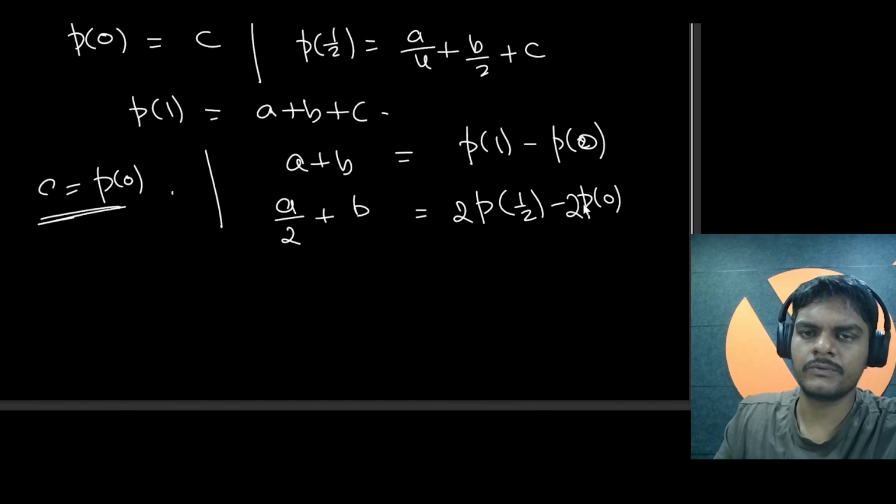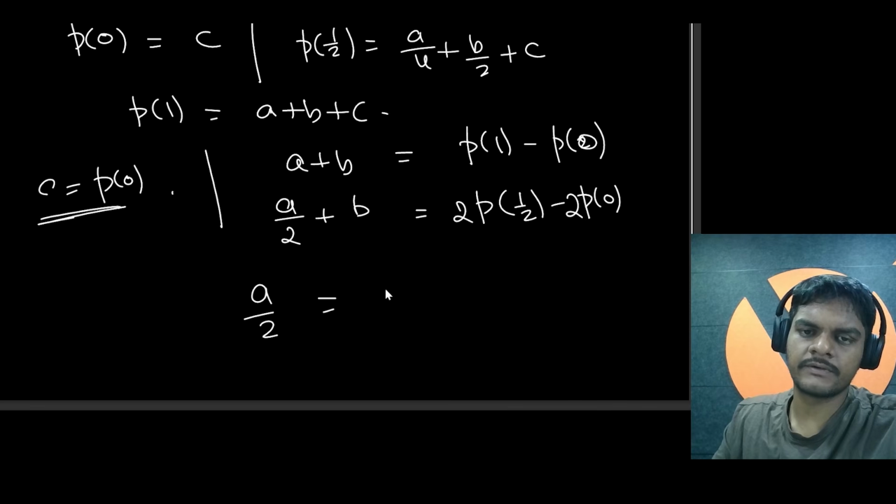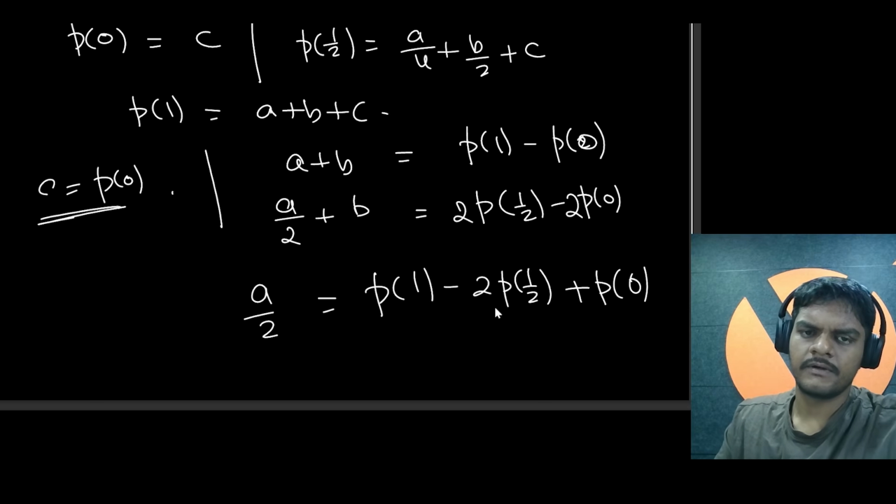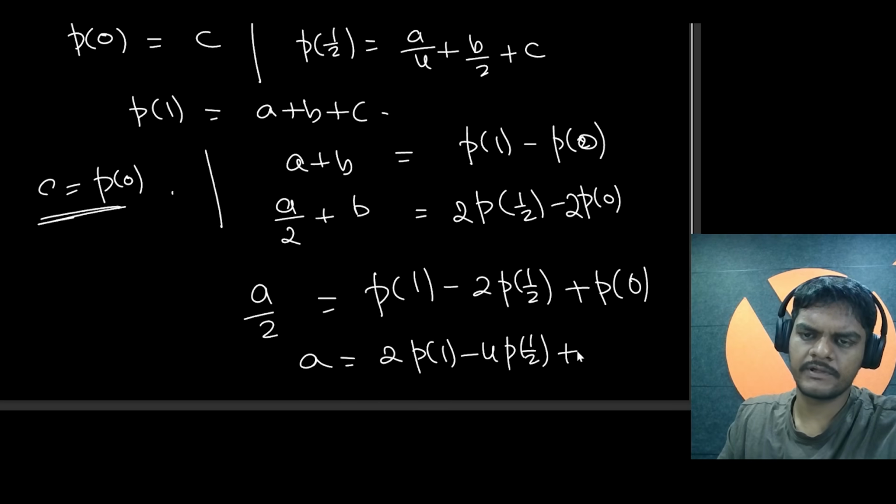So I'll multiply by 2. And if I subtract, I'll have A by 2 is equal to P of 1 minus 2P of 1 by 2, and this minus this is plus P of 0, right? So A is equal to 2P of 1 minus 4P of 1 by 2 plus 2P of 0.